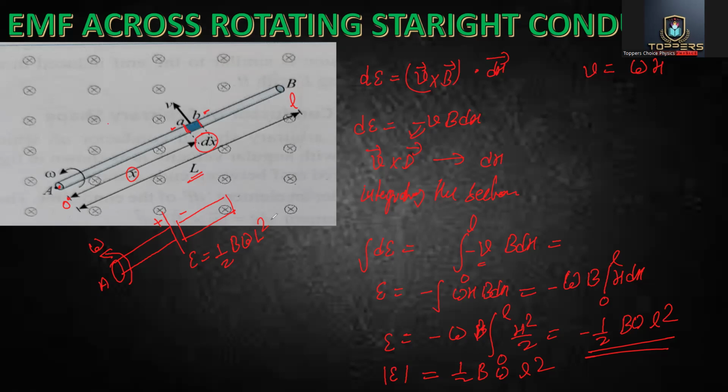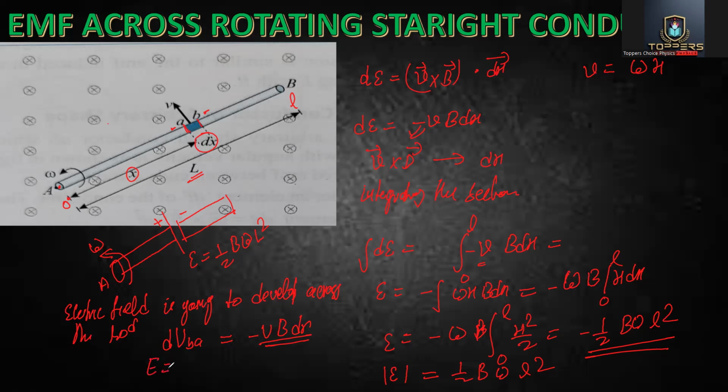Now, what about the electric field? Electric field at any point in the rod. Electric field is going to develop across the rod. We know already that dV_BA will be minus V B dx, which is V B L only.